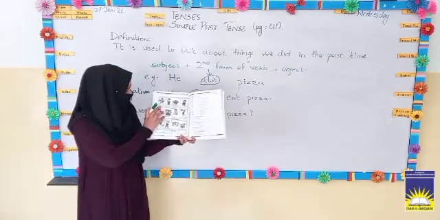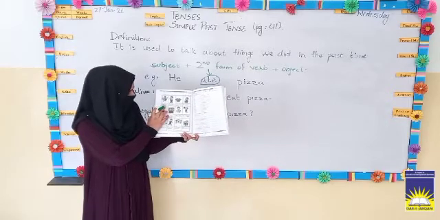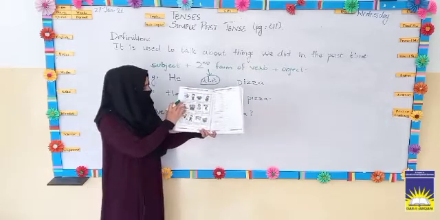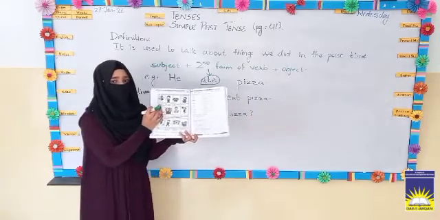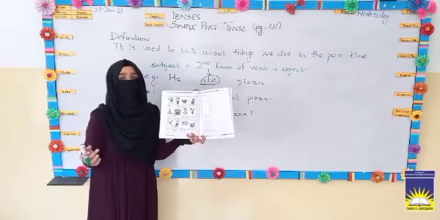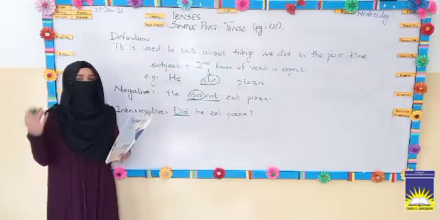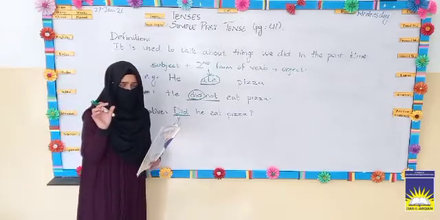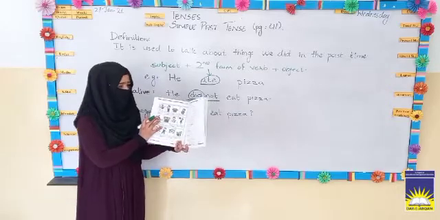For example, here is he dash, and in the bracket, make. So you will have to change the word make, which is given in the bracket, into the past, and that will be, for example, made. So this is how you will convert the given word in the bracket into the past form. So this exercise will be done in this way.